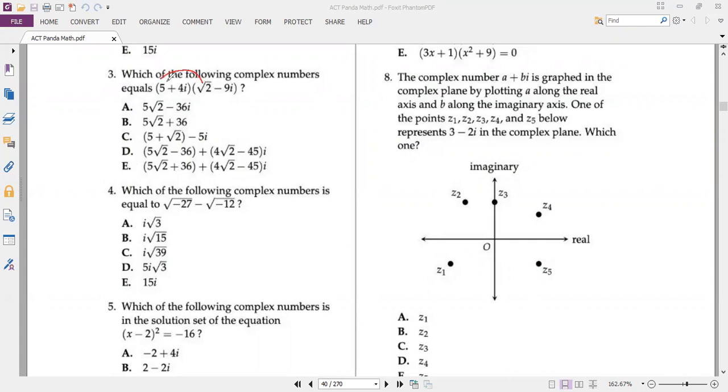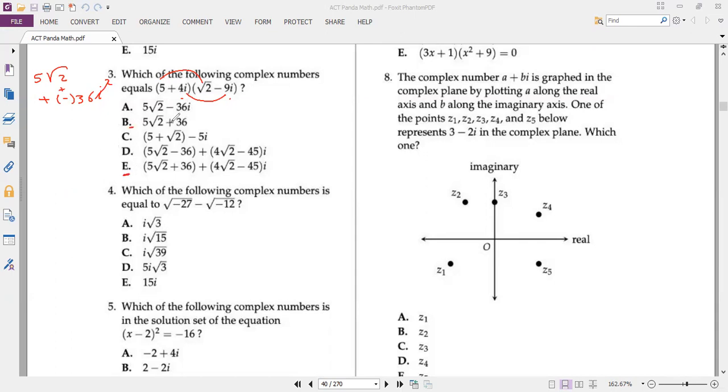For the real part, first times first, second times second, and add. First times first is 5 root 2, plus second times second is minus 36 i squared. I squared means plus, so we are looking for 5 root 2 plus 36, here or here.